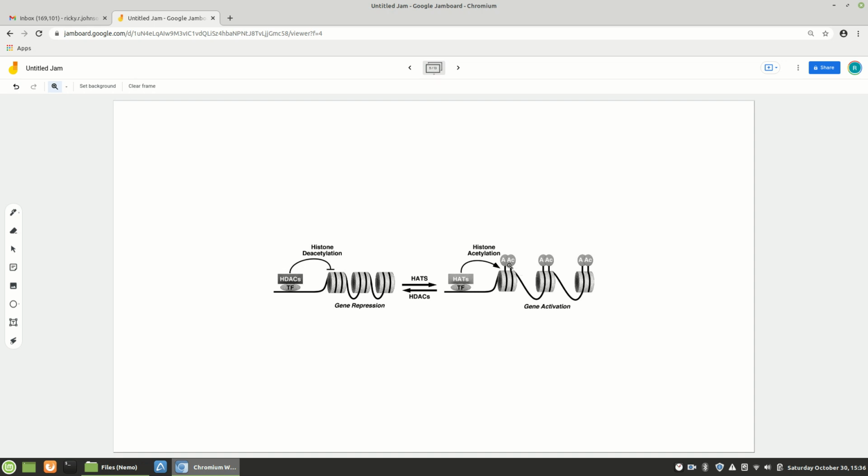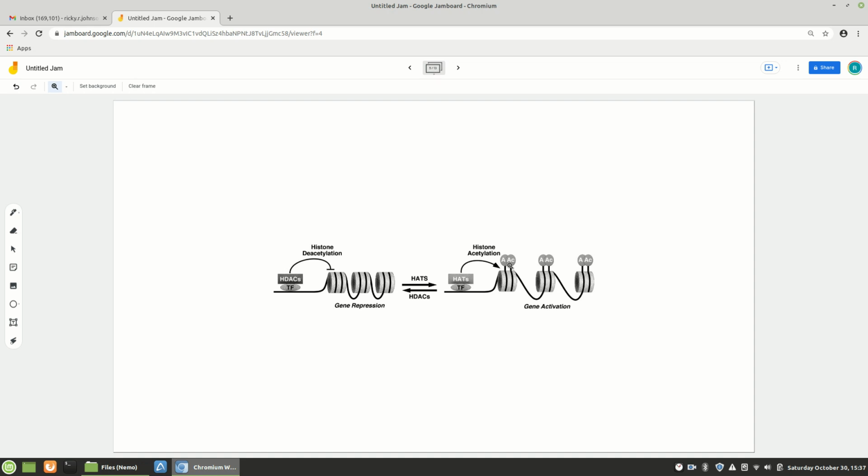Now acetylation will alter the nature of the histones. So something that alters the tails on those histones, okay, we're going to talk about tails in a second, but if we're acetylating the tail, we're adding an acetyl group to probably a lysine, an amino acid that will be part of that tail on one of the histone proteins.